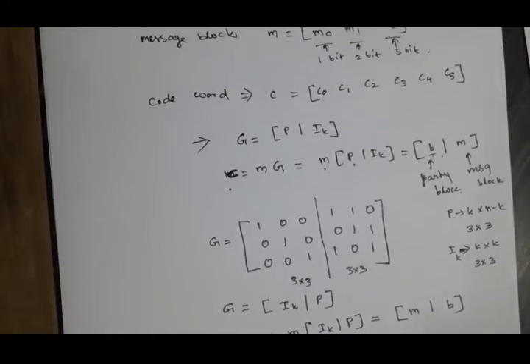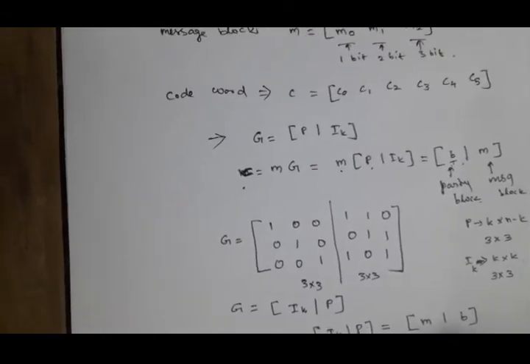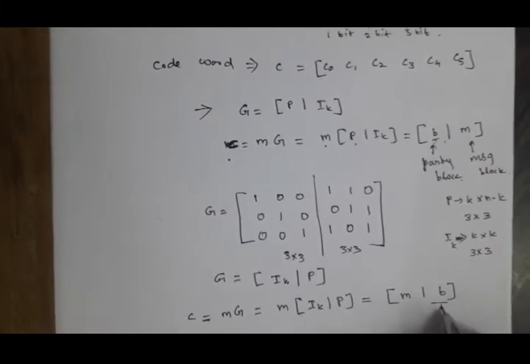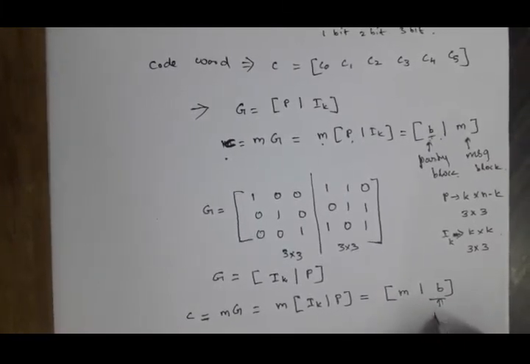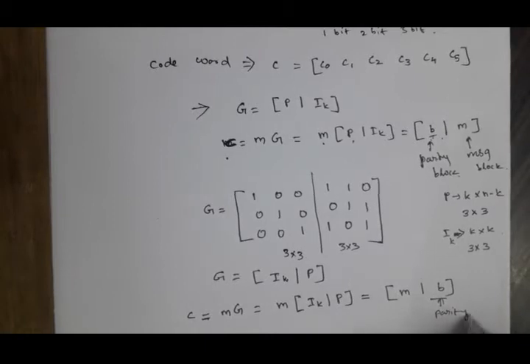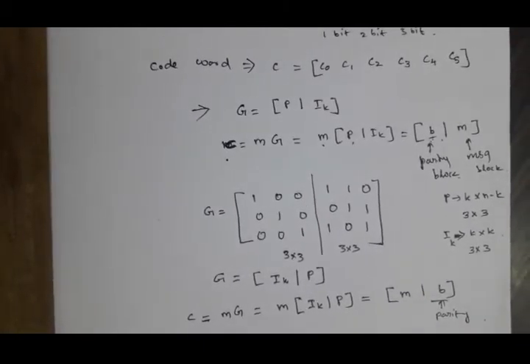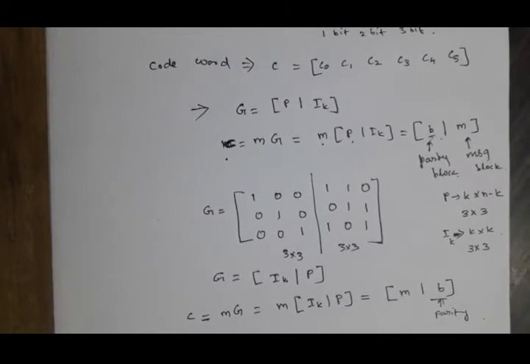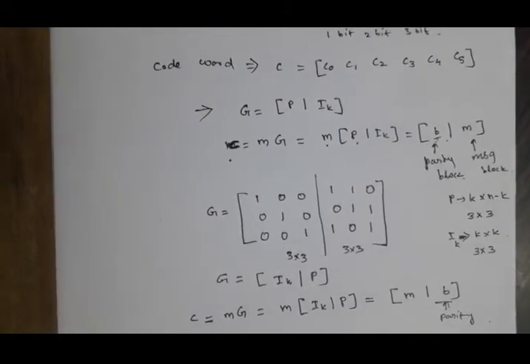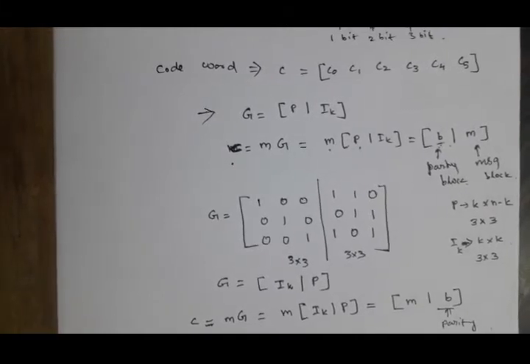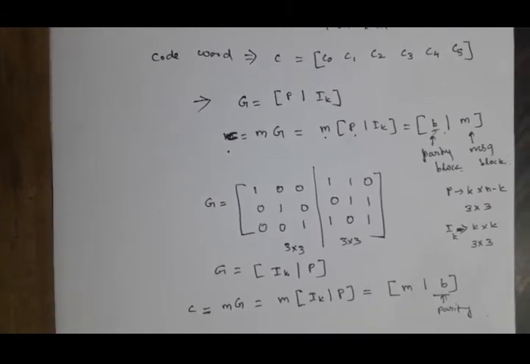So in this case, the parity block is suffixed to the message block. So these are the alterations that we have to do in the generator matrix. Either we can prefix or we can suffix. So now it is assumed that it is being suffixed.